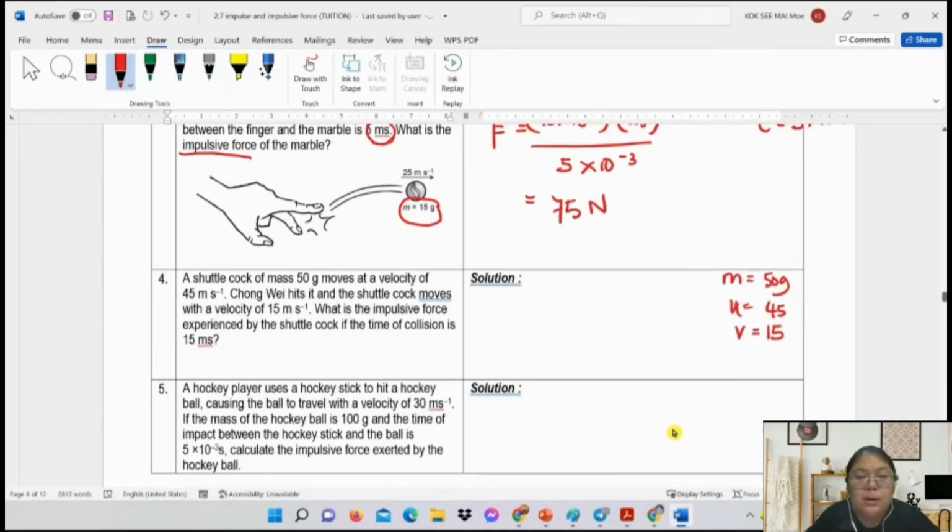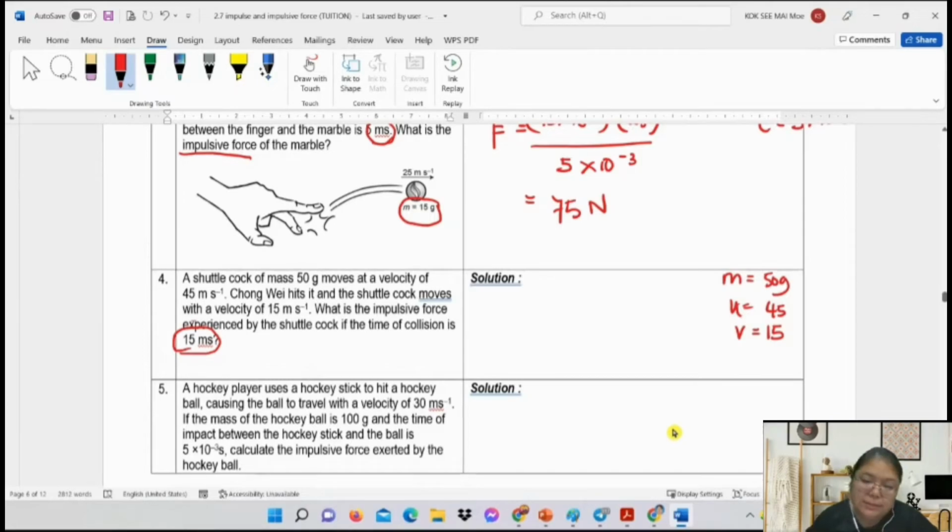So that means it is in the opposite direction when it is hit. Otherwise, if the shuttlecock comes in the same direction and you hit it, it would go the same direction, is it? Normally they punch it back. So from here, they give you the velocity. What is the impulsive force experienced by the shuttlecock if the time of collision is in ms?